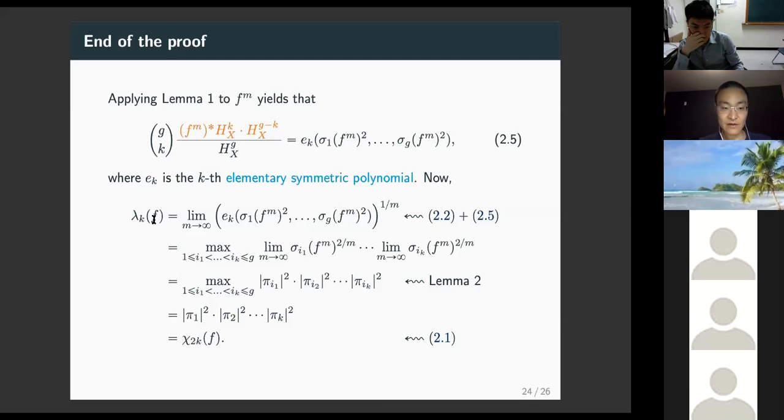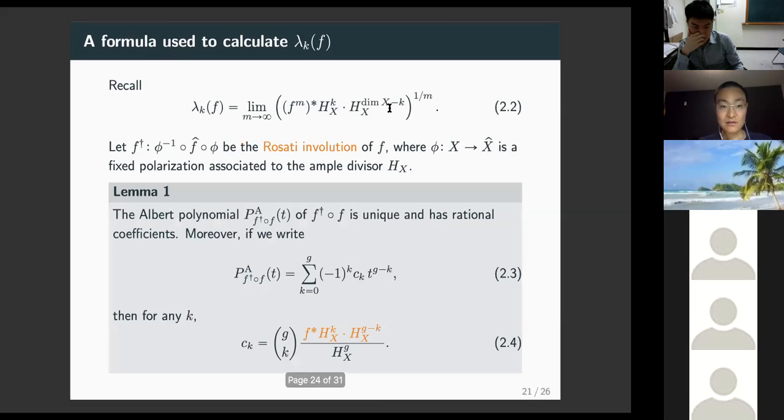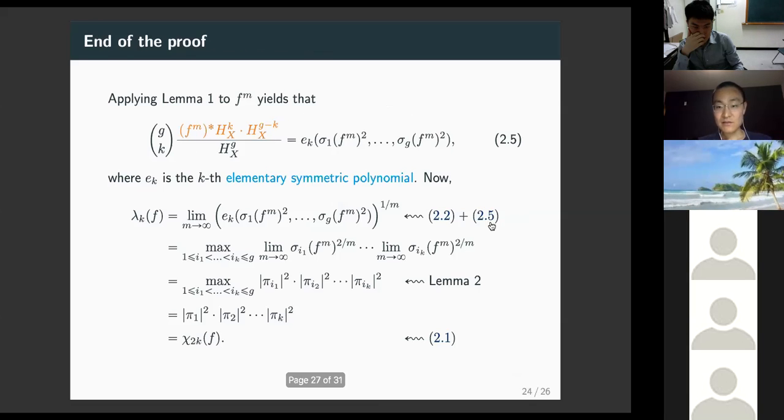So lambda_k of F by definition, this is the definition of lambda_k, and then by 2.5, it is the limit of the mth root of this elementary symmetric polynomial of those g singular values, squares of g singular values.